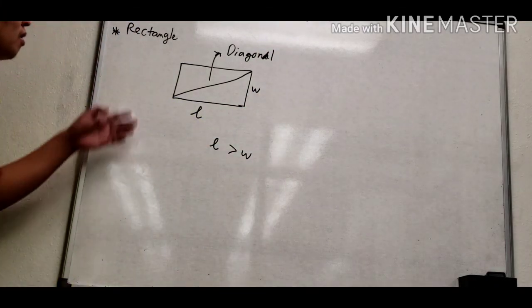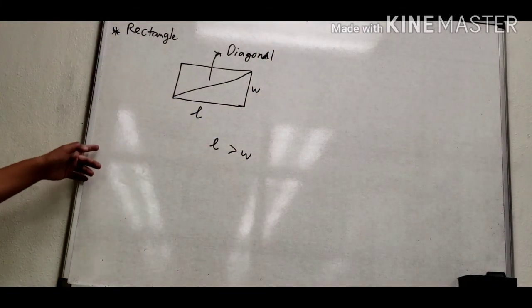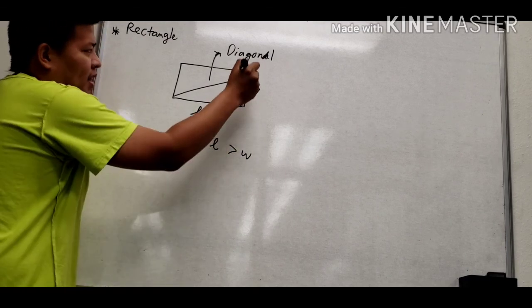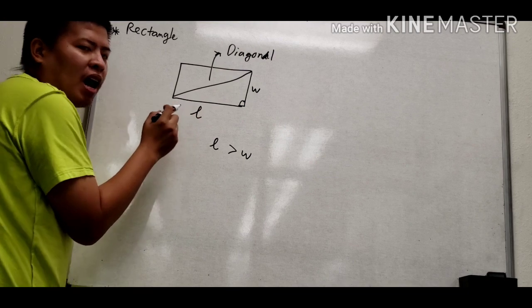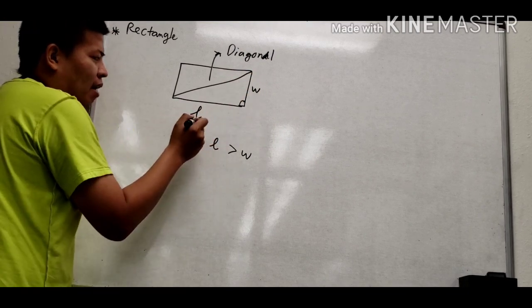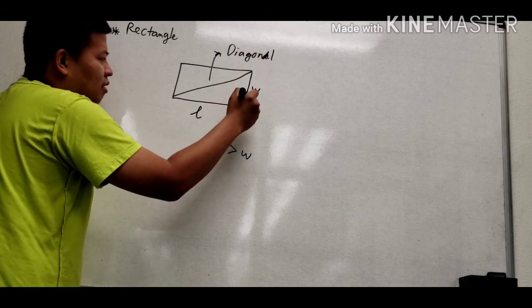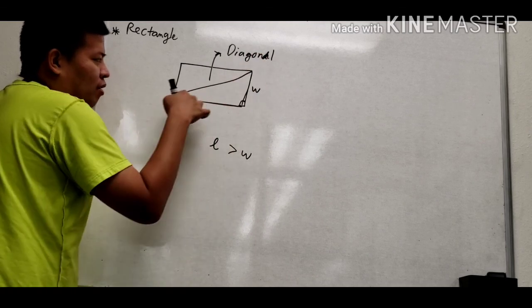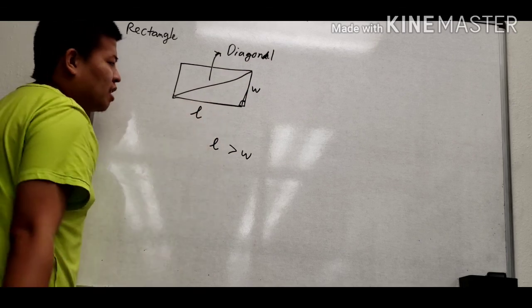the diagonal of the rectangle. This is so important because it becomes the hypotenuse of W and L in here. You can see that. This is the triangle inside the rectangle.